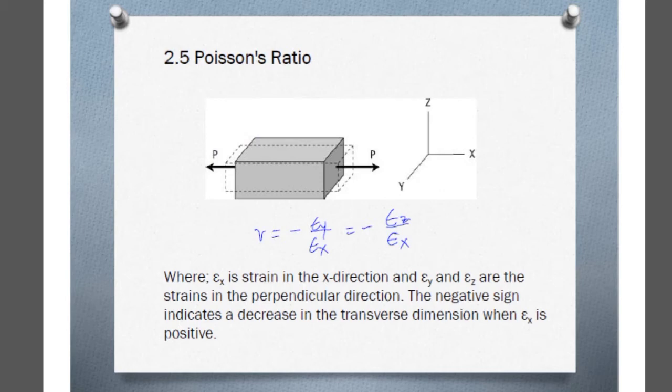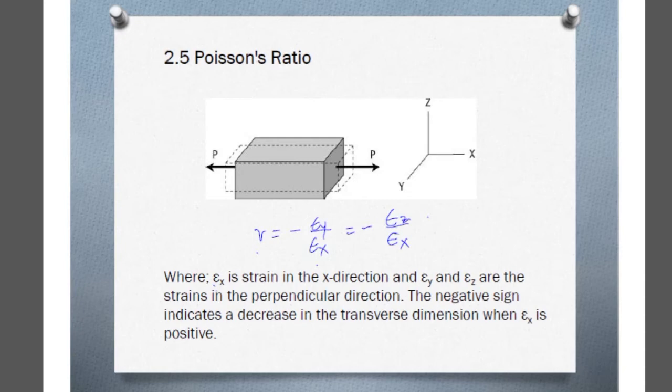So with respect to the y-axis, and we have here the Poisson's ratio is the negative of the ratio between the strain in y with respect to strain in x, and it is also equal to the negative strain in the z-axis over the strain in x.